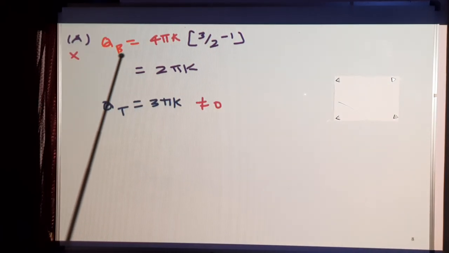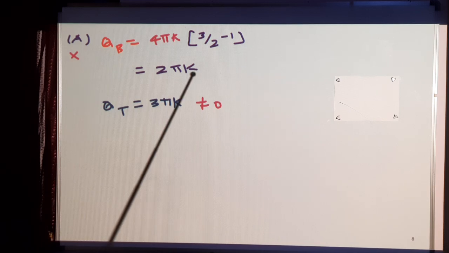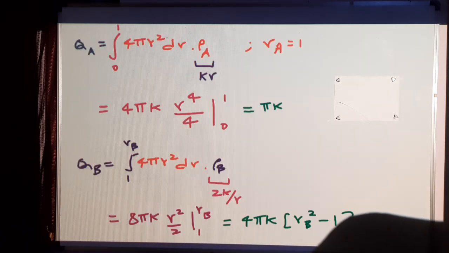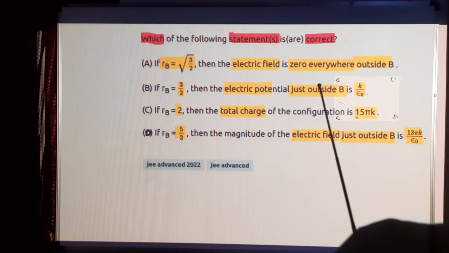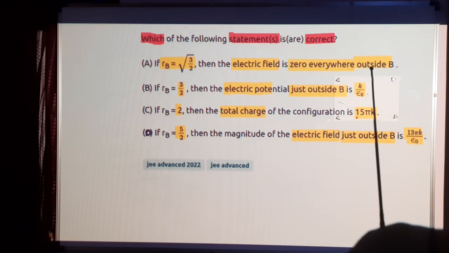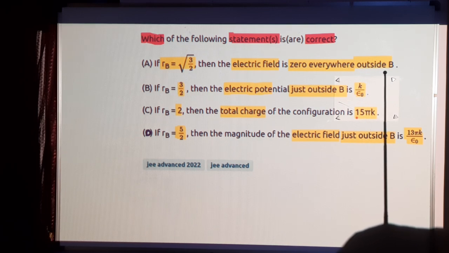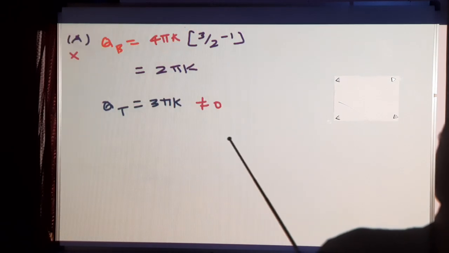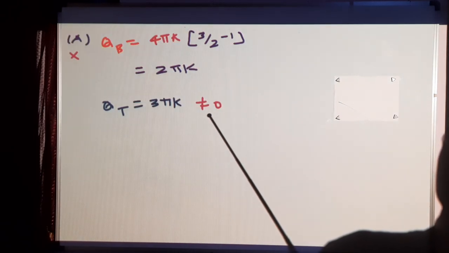From there we get the charge in the outer shell as 2 pi k. So total charge is 3 pi k, which is not equal to 0, because for the electric field just outside, the whole thing acts like a point charge in the middle. So the electric field can become 0 only if the total charge is 0, but the total charge is not 0. So option A is not true.